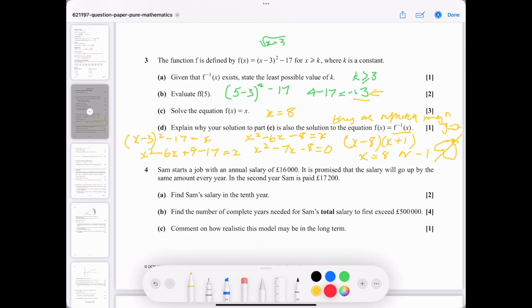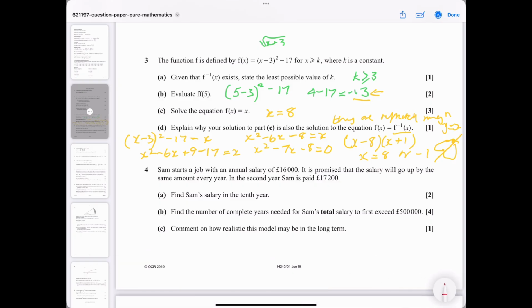So the way to do this is, in year 1, you just have a, which is 16,000. In year 2, you have a plus d, which is 16,000 plus 1,200.